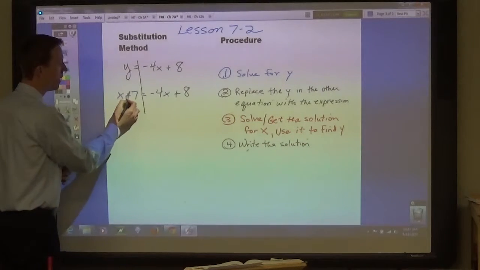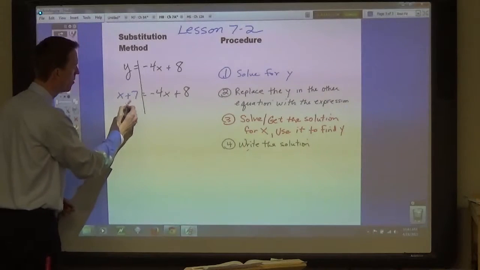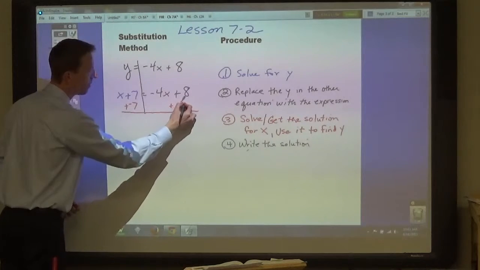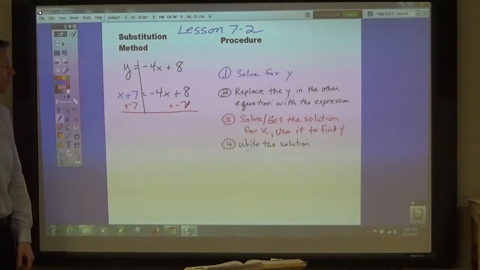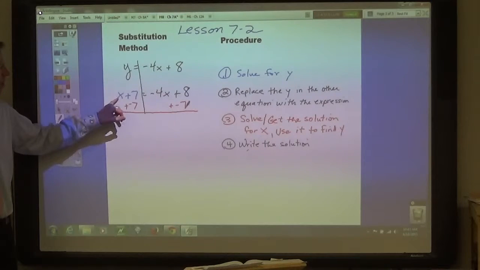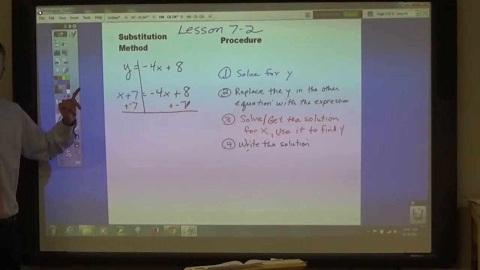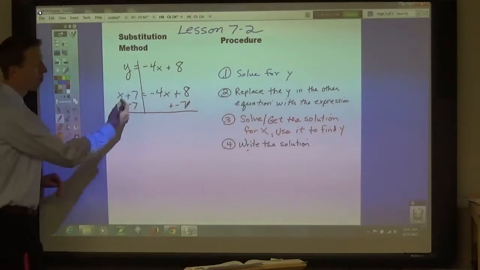So if we get rid of the 7, then this x will be by itself, right? Or you could add negative x to both sides. But I think you're getting ahead of yourself. Let's just go through this.